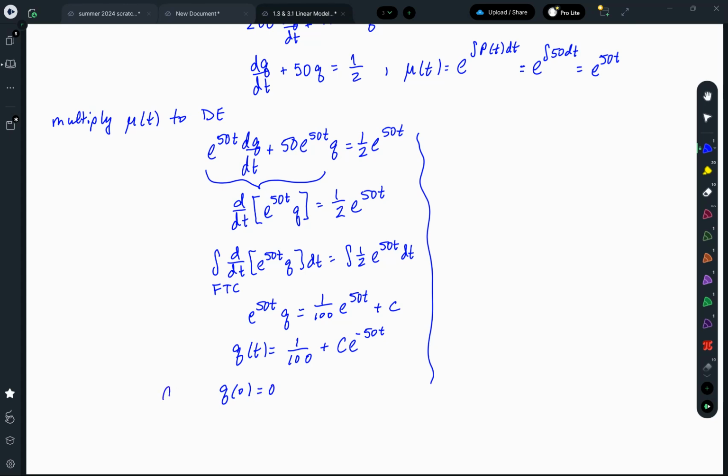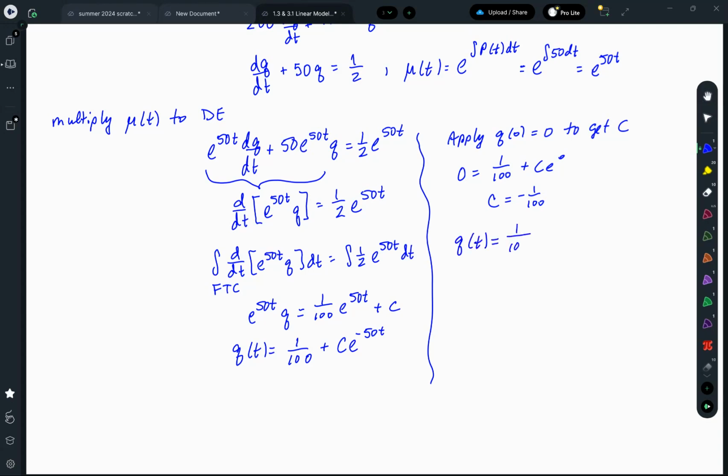So we're going to apply Q of 0 equals 0 to get c. So Q of 0 is 0. That means 0 equals 1/100 plus c e to the 0, which means c is negative 1/100. So finally, we have Q of t equals 1/100 minus 1/100 e to the negative 50t.